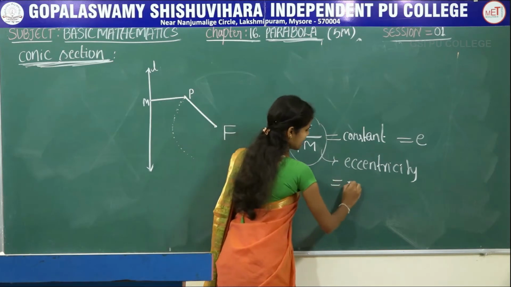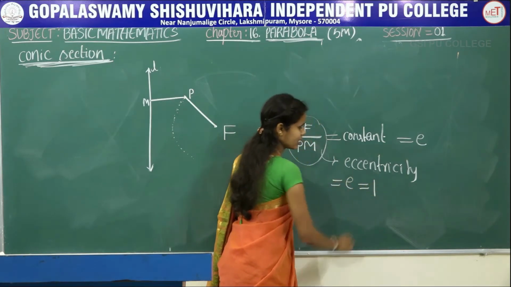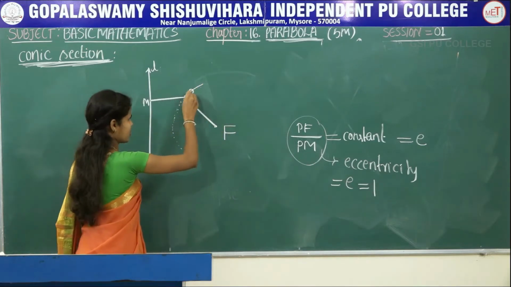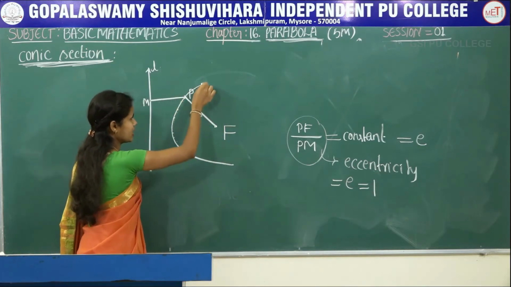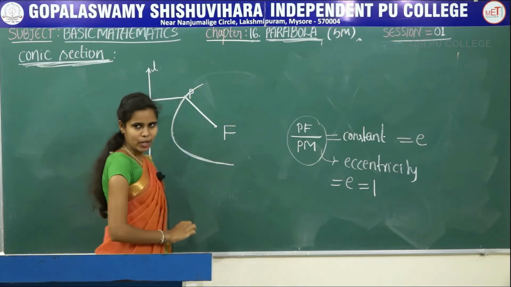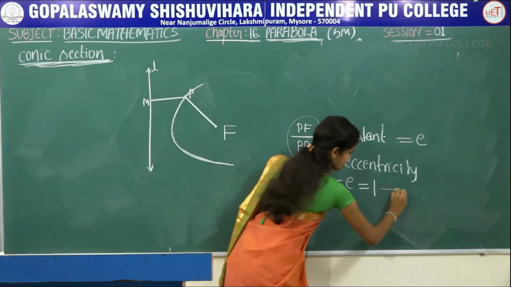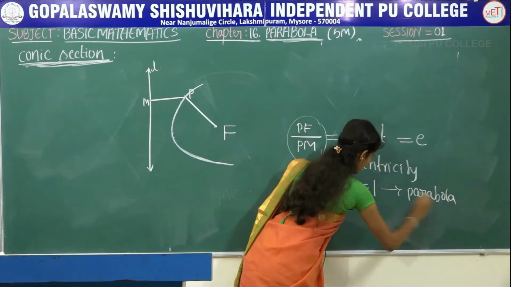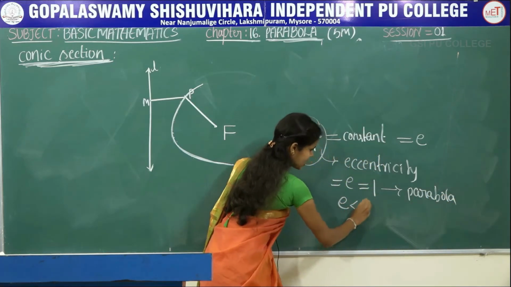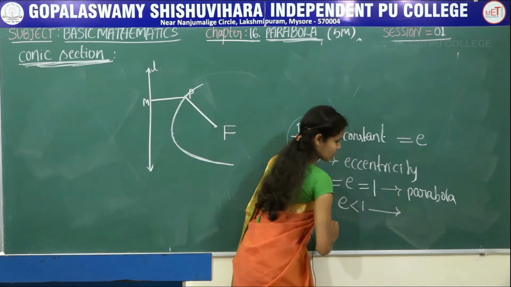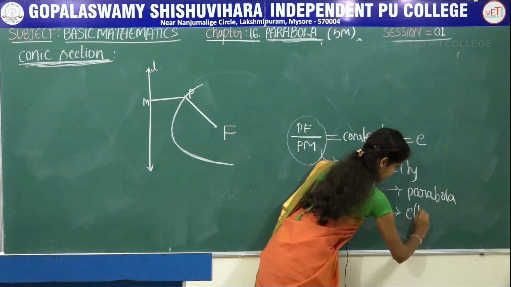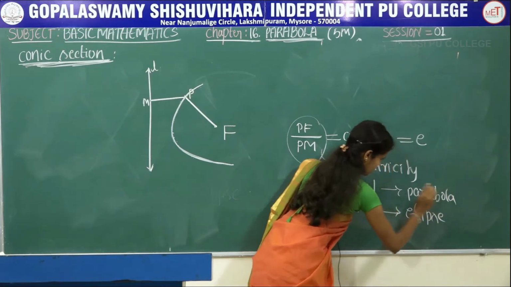If eccentricity is equal to 1, then the curve is called a parabola. If eccentricity is less than 1, then the conic is called an ellipse.